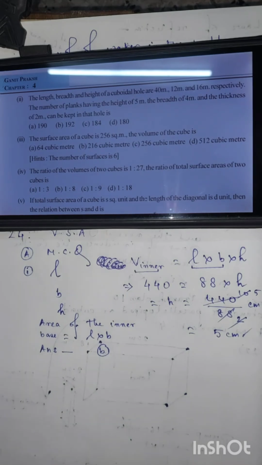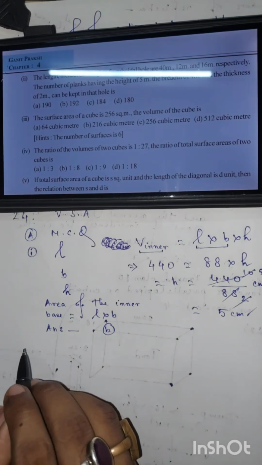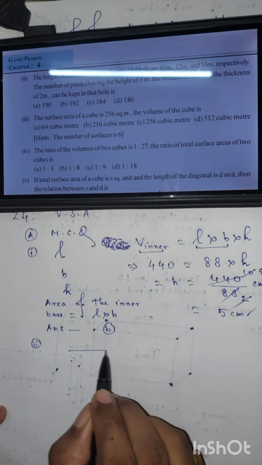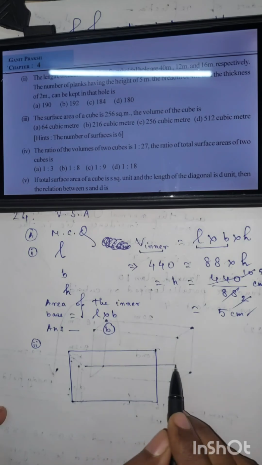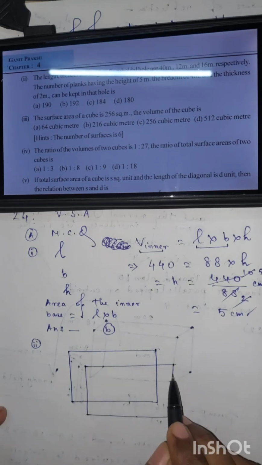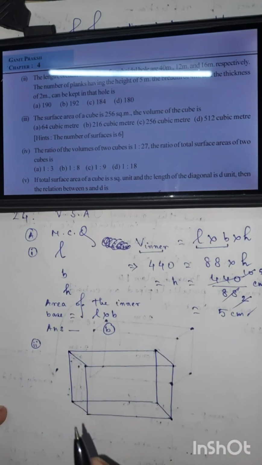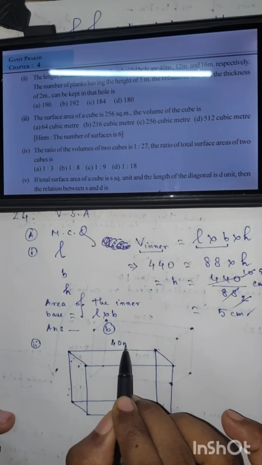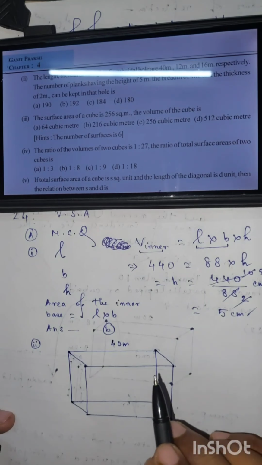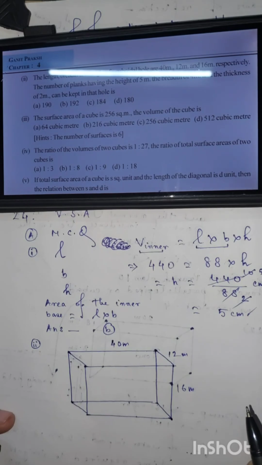So let us draw it. So we have a cuboidal hole (40 meter, 12 meter, and 16 meter). The number of planks having the height of 5 meter. Okay.